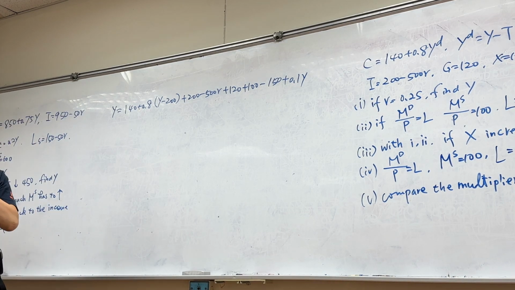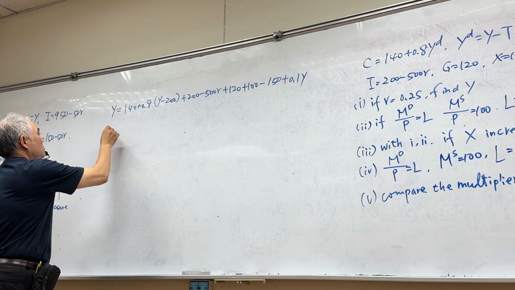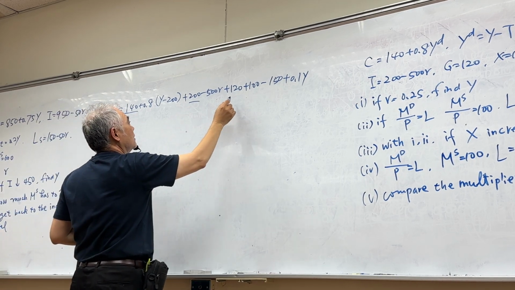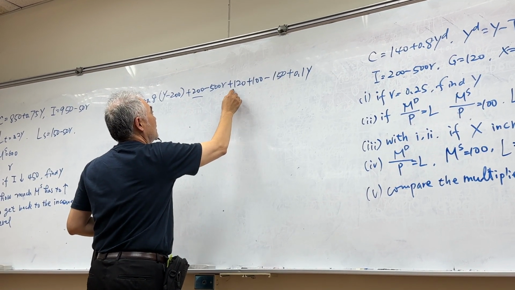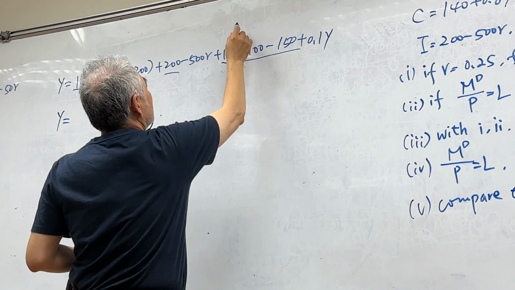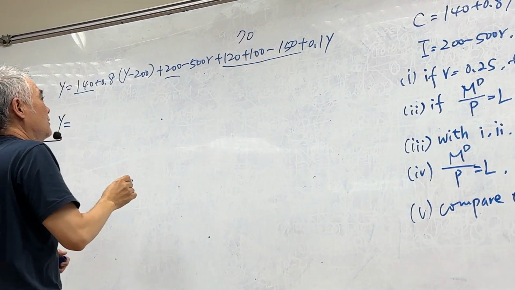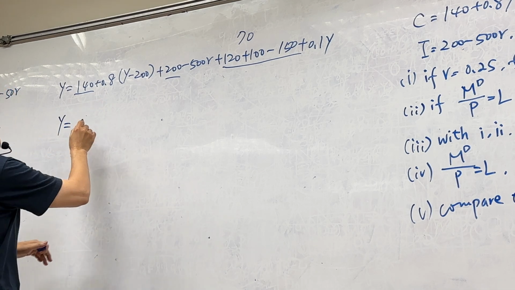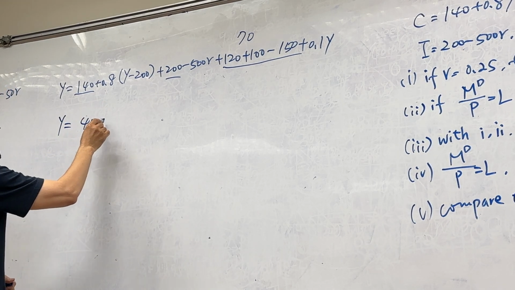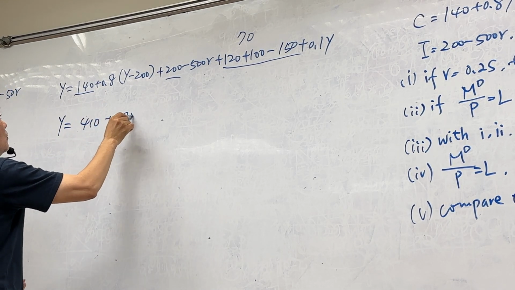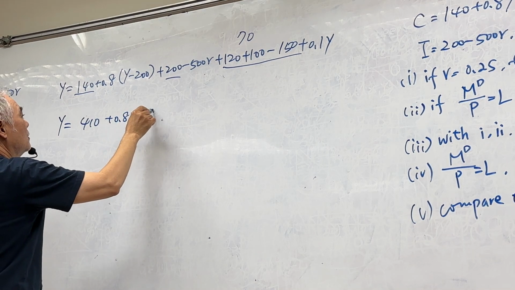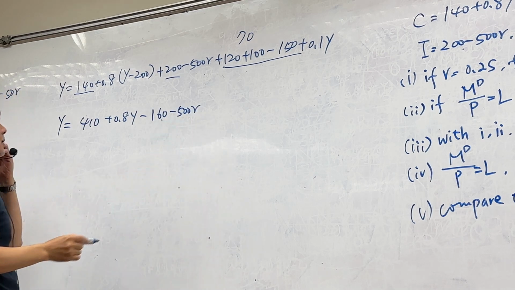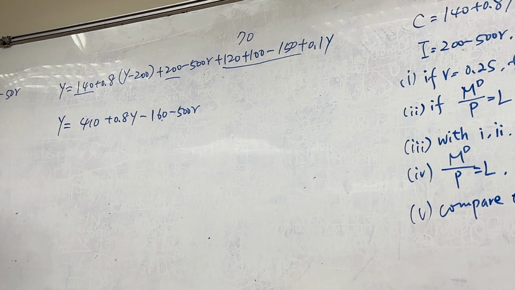Questions? Okay, let's try to simplify it. You have 140, 200, and then here you have 70, right? Okay, you have 70 here, and then you have 410 plus 0.8Y minus 160 minus 500R. Okay, questions?